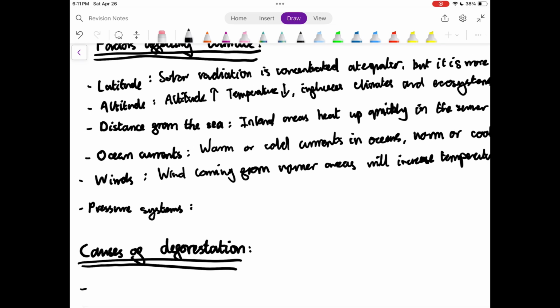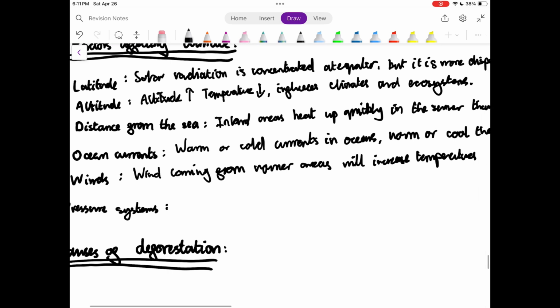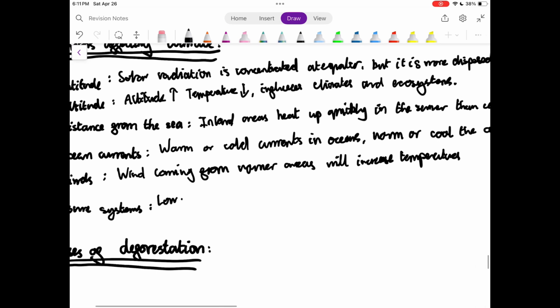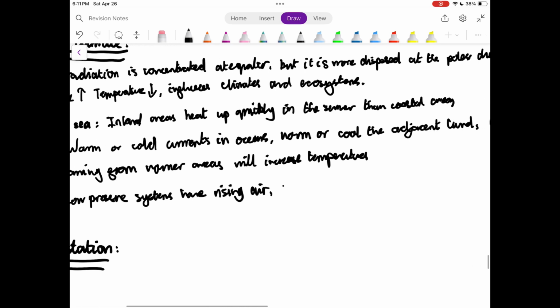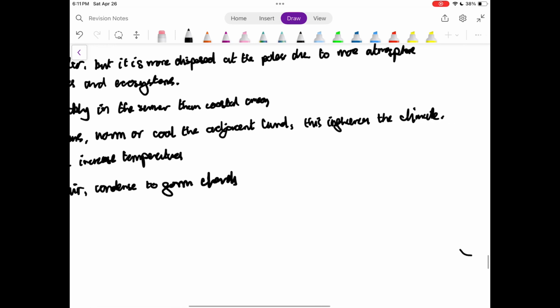And finally, pressure systems. Low pressure systems have rising air, and because the air can rise, it can condense to form clouds, and therefore there's more precipitation.